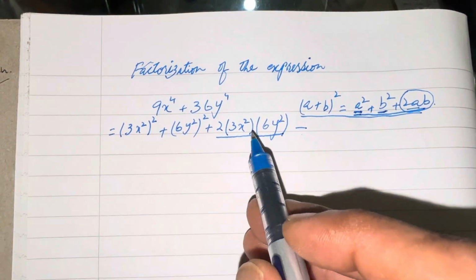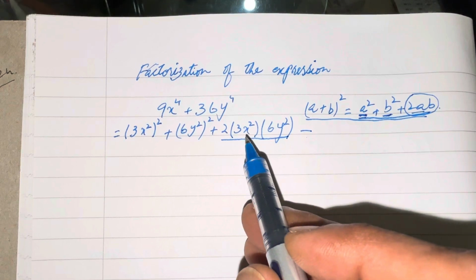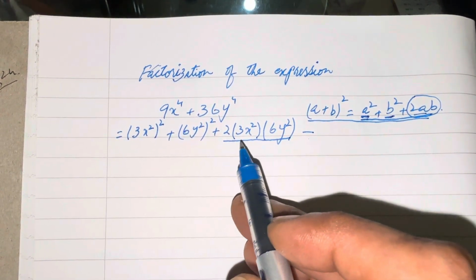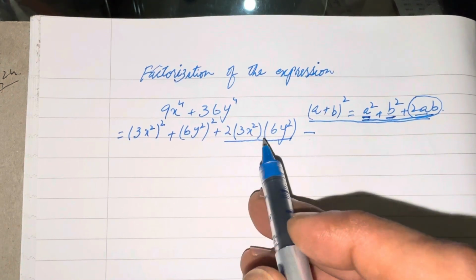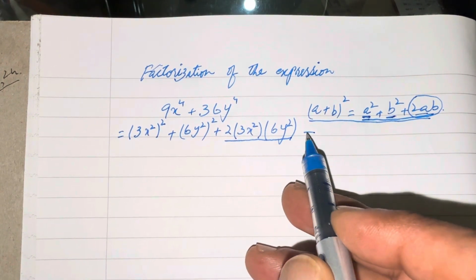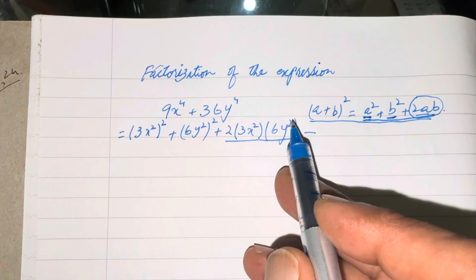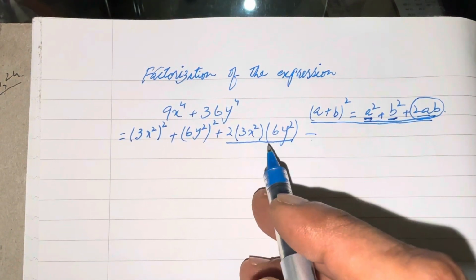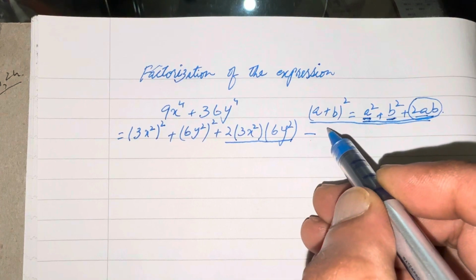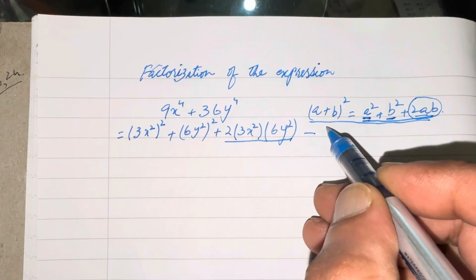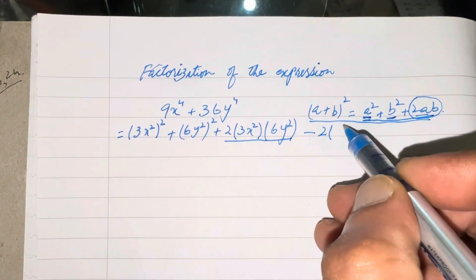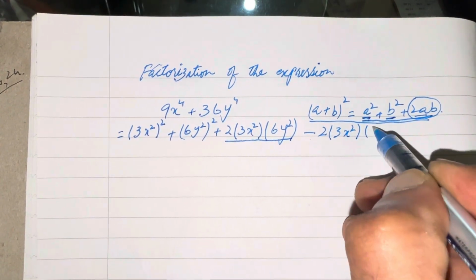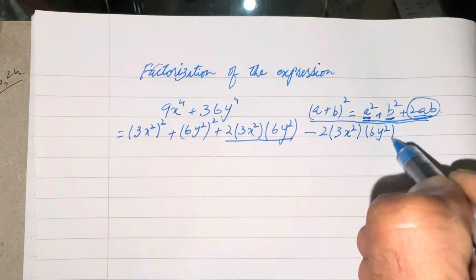Because when we add and subtract the same expression or same terms, we can cancel these two terms, which I'm going to write like that, 2 into 3x square into 6y square.